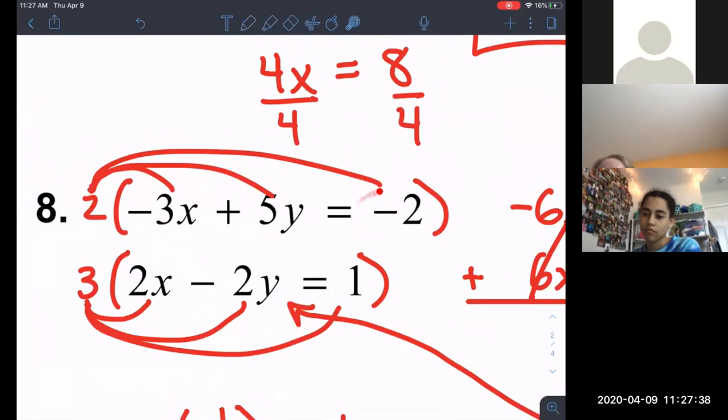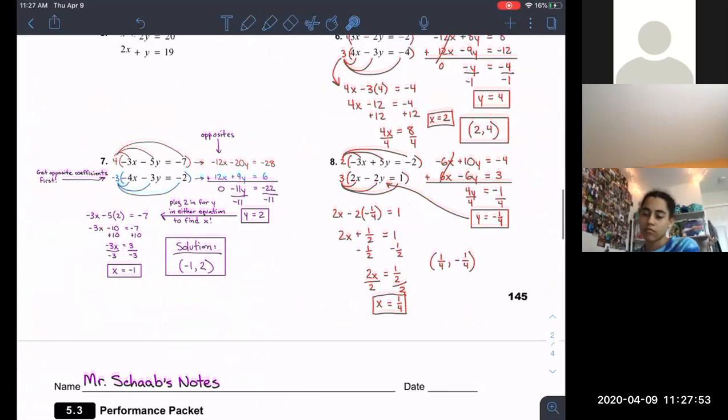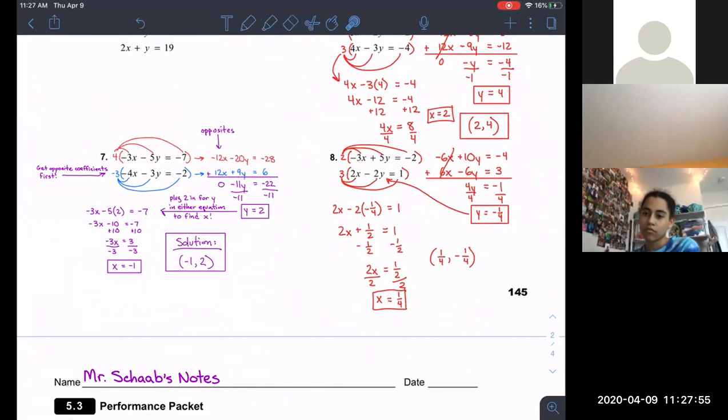So all it's saying is this expression, if you put in a positive 1/4 for x and a negative 1/4 for y, this expression is going to be negative 2, which is equal to negative 2. So it does work. Okay. And so yeah, sometimes you'll get answers that are fractions, and that's a possibility. You have to look out for it. And if you're doing the math right, then try not to doubt yourself too much.